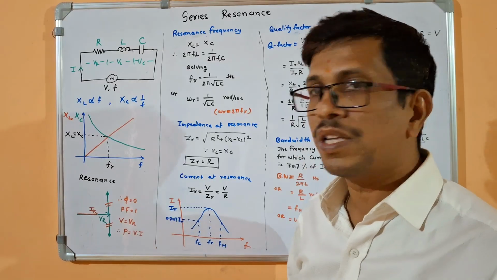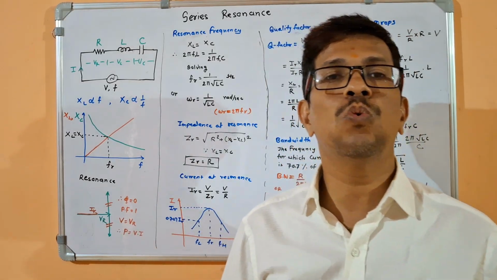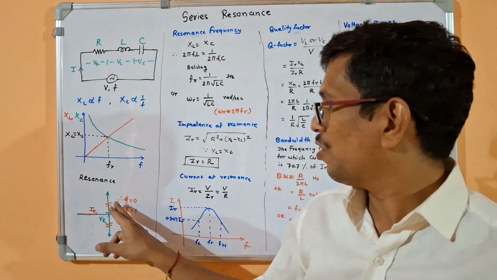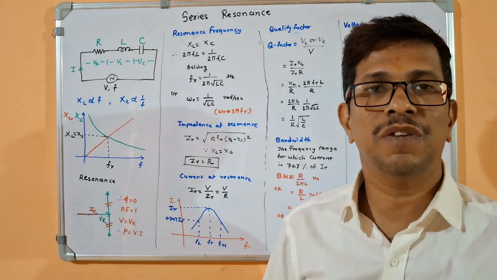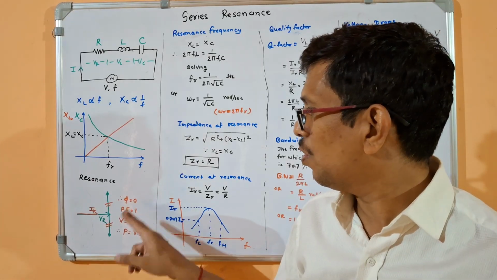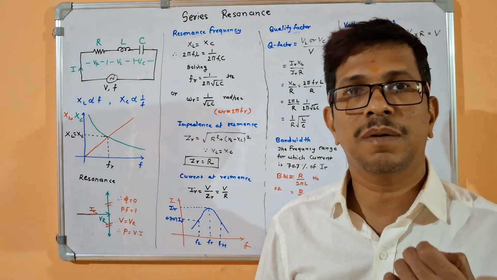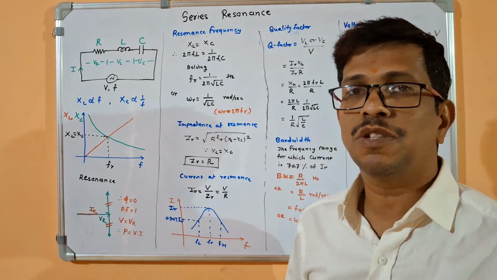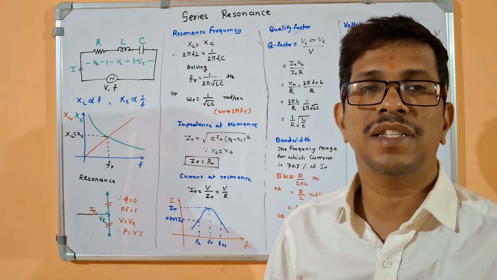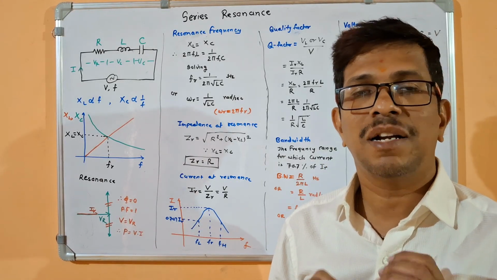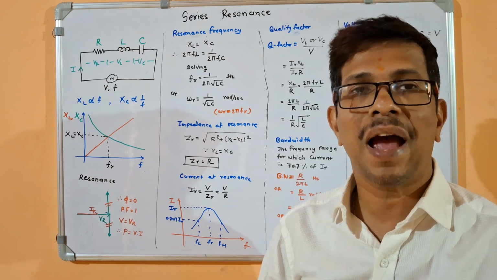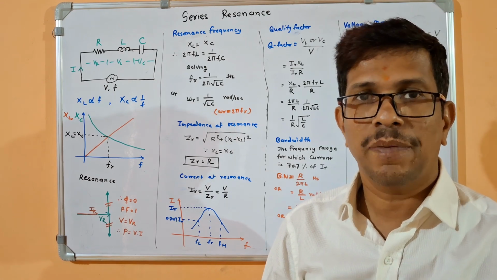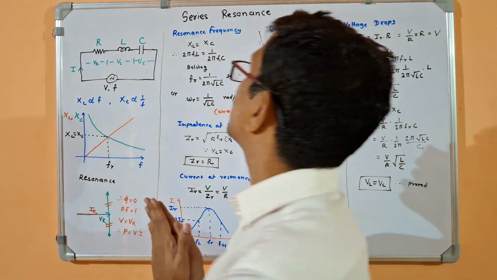Okay, and therefore the circuit behaves like a pure resistive circuit, or your phi or phase difference between V and I becomes 0. Therefore power factor becomes 1 and the power becomes VI cos phi, that is equal to V into I, and that power extracted will be the maximum from the circuit. Okay, so that is nothing but the resonance condition.